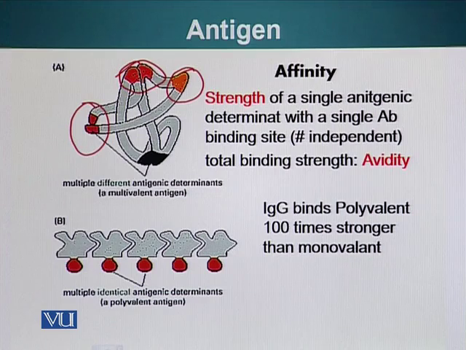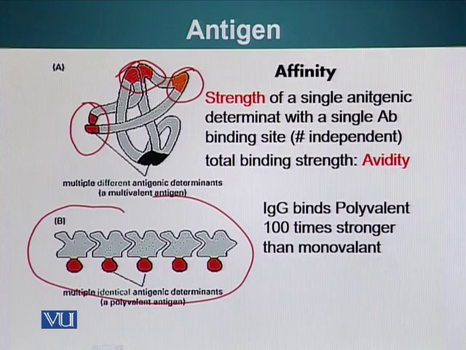These antigenic determinants could be made up of a single protein or they could be made up of two or more proteins also. Also, in certain antigens, the antigenic determinant could be a repeating unit. So we can have an antigen which has multiple identical antigenic determinants. Such antigens are called polyvalent antigens, which are shown here.